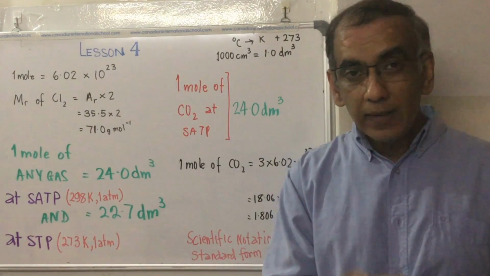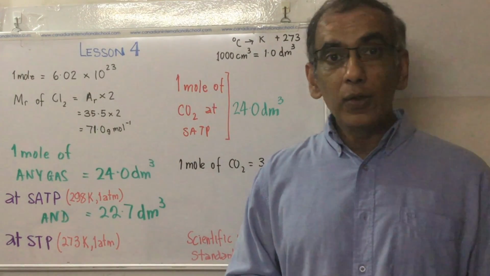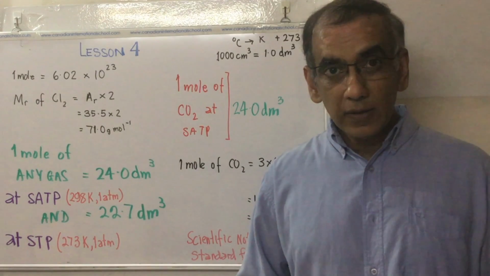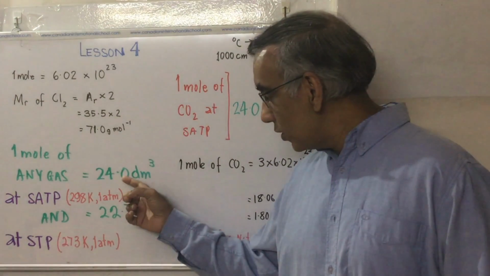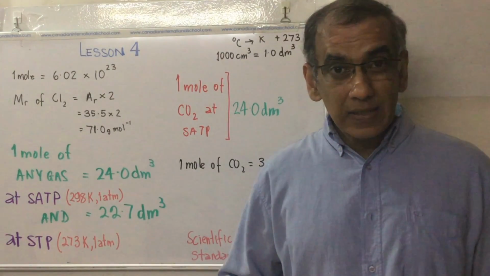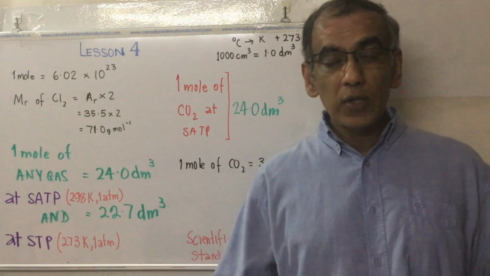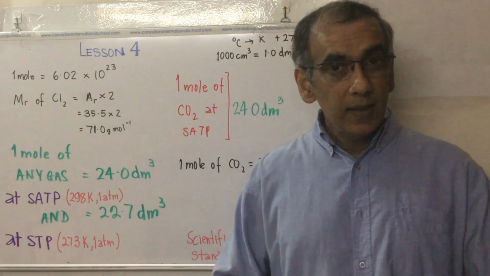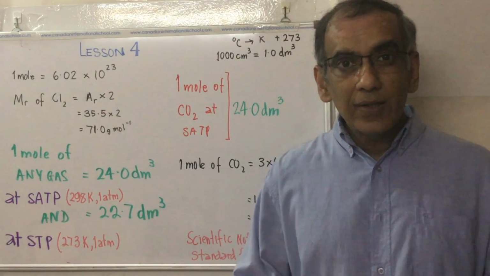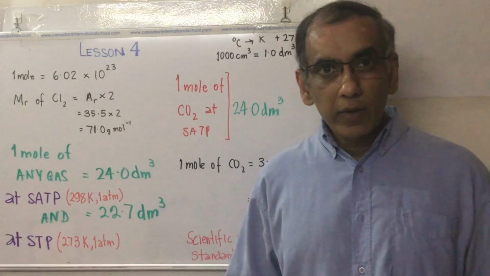But with gases, there's another way to know how many moles you've got, and that is with these 2 bits of information. 1 mole of any gas, whether it's chlorine, methane, oxygen, nitrogen, or ammonia, at standard ambient temperature and pressure, or SATP, which is the proper notation for room temperature and pressure.